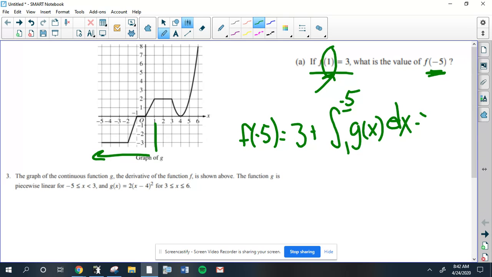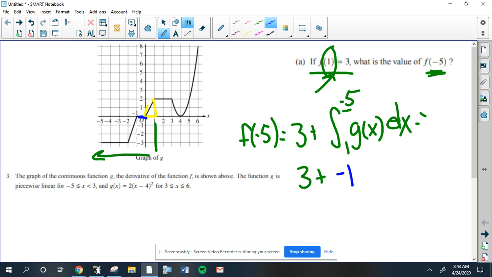So remember, we're going backwards, so these areas that we calculate will be opposite of what they usually are. In other words, this first triangle right here has an area of 1. But we're going backwards, so that's -1. So that first area is -1.